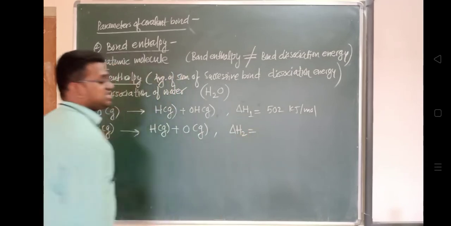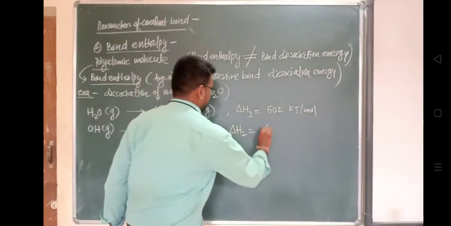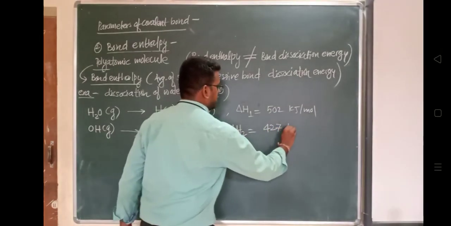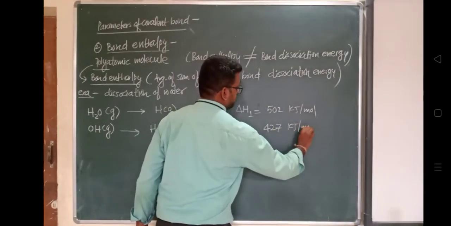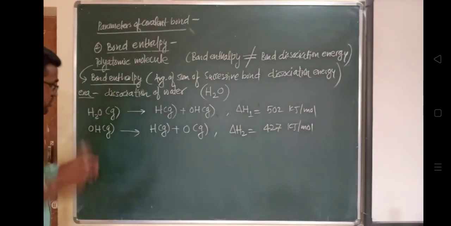In the second step, for breaking this OH bond, ये दोनों भी OH ही bond है, both are OH bonds, but the amount of energy required to break these OH bonds is different. Why this is different, that also we'll see.